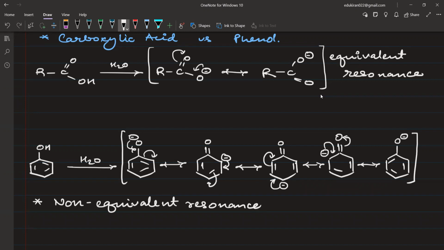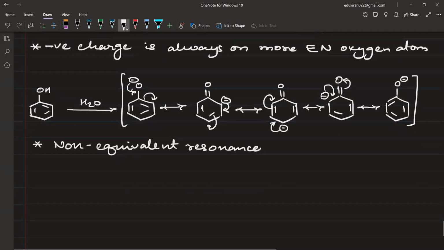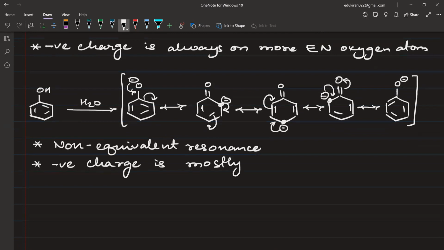Next thing is, where is the negative charge in carboxylate ion? It is on oxygen. So please write: negative charge is always on the more electronegative oxygen atom. What about phenoxide ion? In phenoxide ion, the negative charge is on carbon, again carbon, and again carbon. So most of the time, the charge is on a carbon atom. So you write: negative charge is mostly on carbon atom.